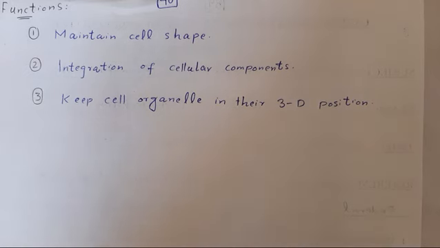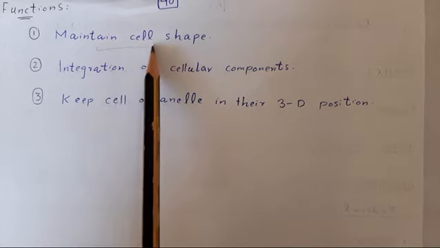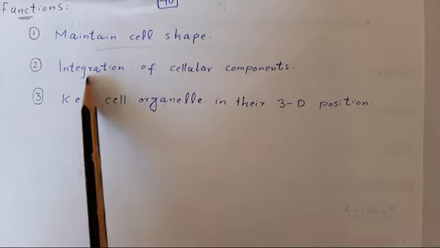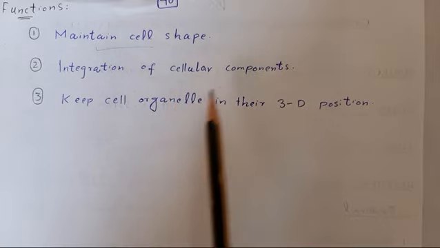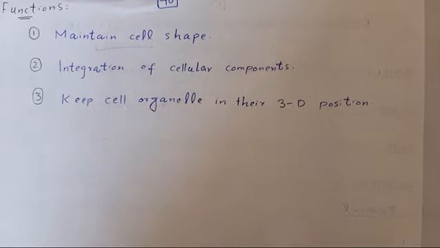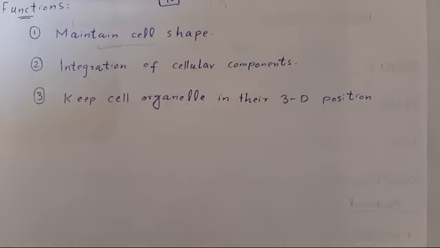Functions of intermediate filaments: they help in maintaining cell shape, integration of cellular components, and keep cell organelles in their 3D position. Thank you.